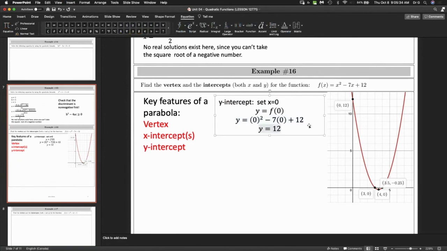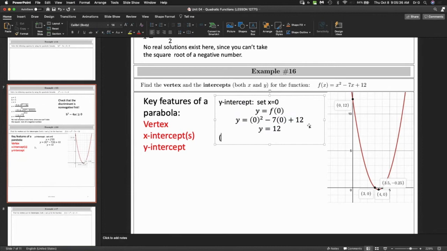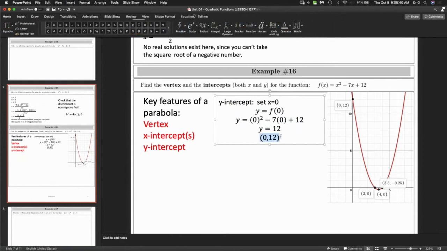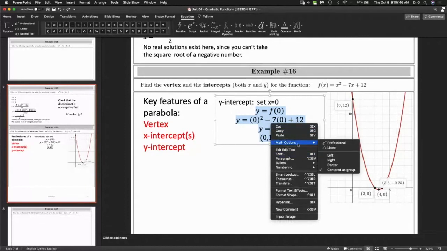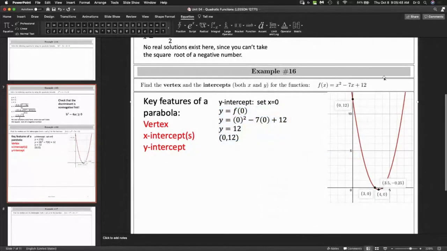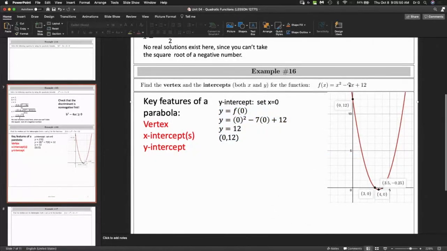Thank you, Zan. So the y-intercept is (0, 12). You could figure it out by just looking at the equation and making the x's disappear because x is 0, so you're done with that one. That's how you get the y-intercept.